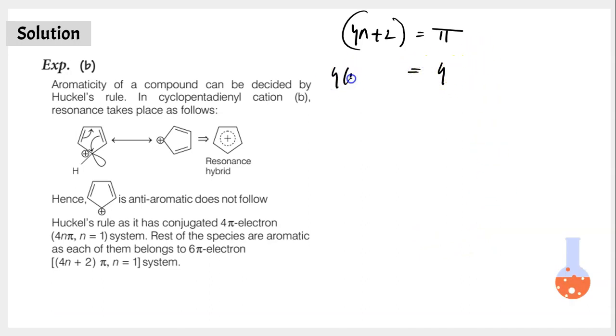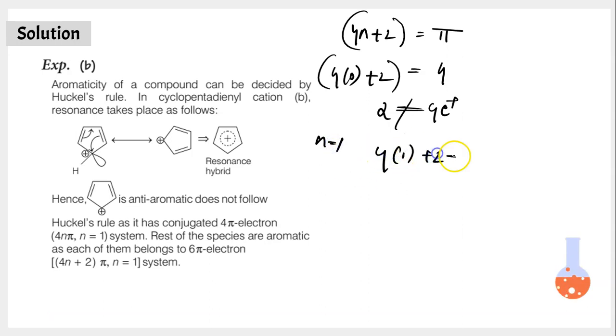And I want to take the value of n as 0 first of all in this equation. And when I take this, the equation solves to be 2, which is not equal to the total pi electrons you have in this molecule. Then I'll take the n value to be 1. When I take the n value to be 1, the solution of this equation will come out to be 6, which is also not equal to the total number of pi electrons, which is 4, isn't it?